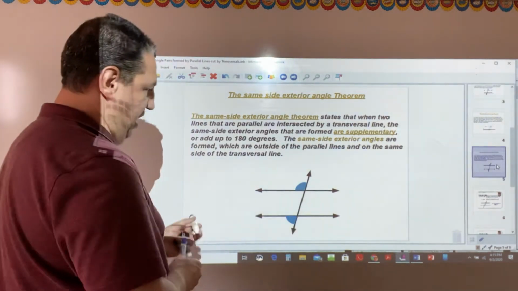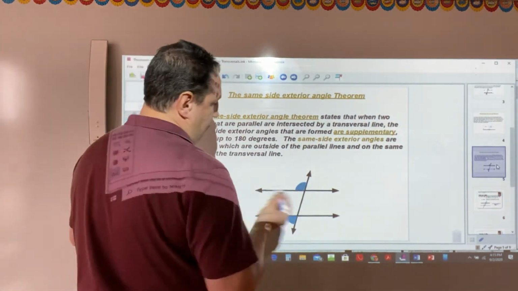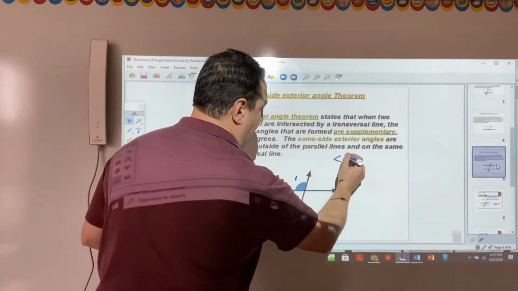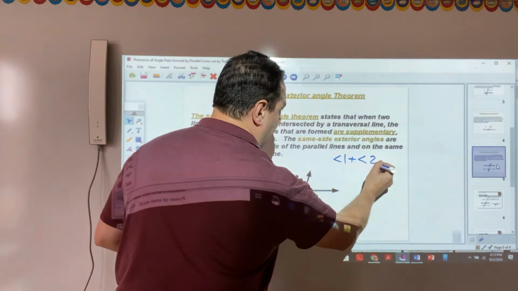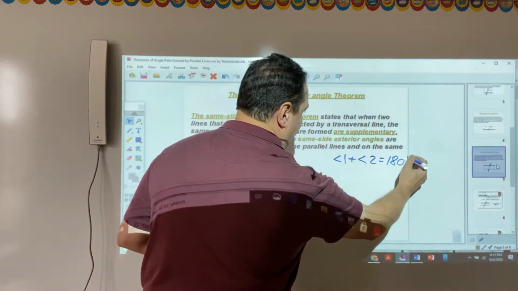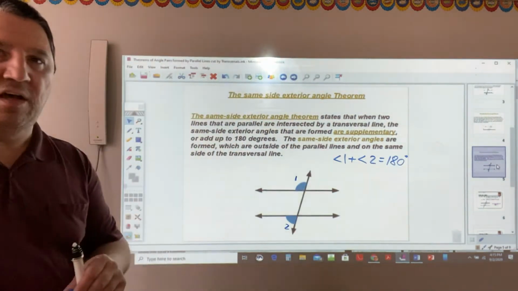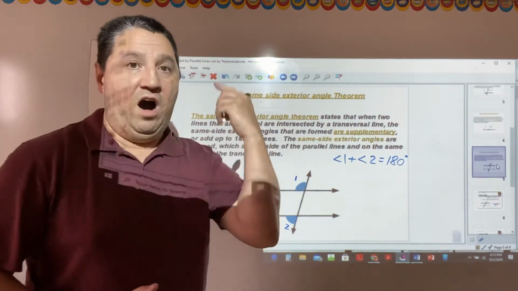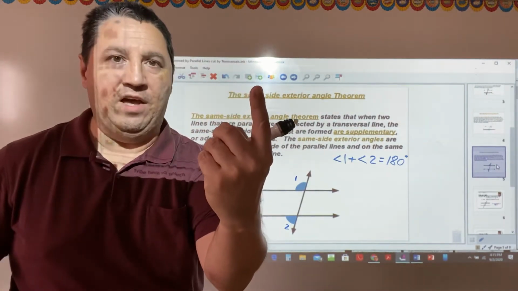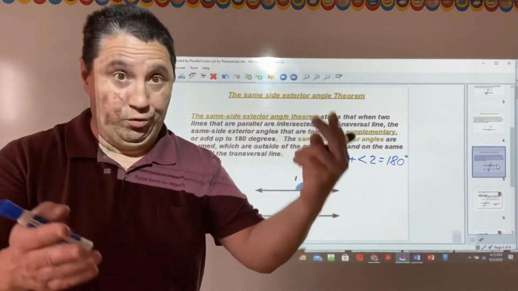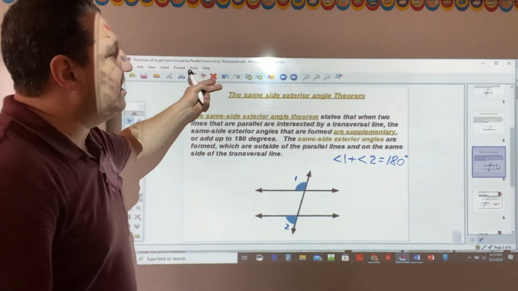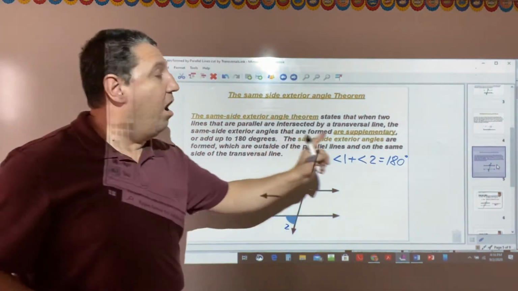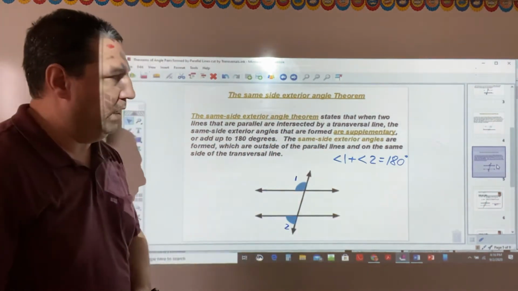So if we name them 1 and 2, we can say angle 1 plus angle 2 equals 180 degrees. Don't forget, corresponding angles are congruent, alternate interior and exterior angles are congruent, but same side exterior and same side interior are supplementary. Good.